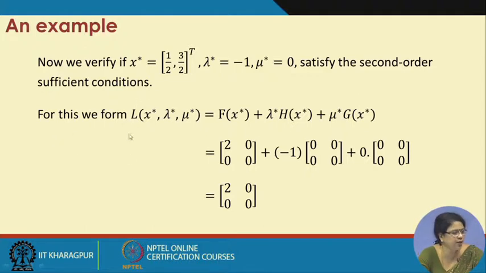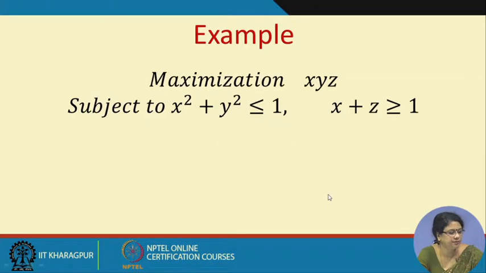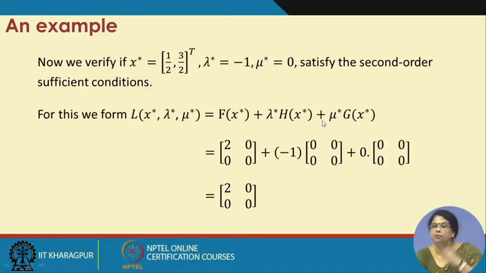That is why we are going to the second order derivative of the Lagrange function. We could see that this is positive definite. That is why we can conclude that whatever optimal solution we got, that was the global optimal for this problem.